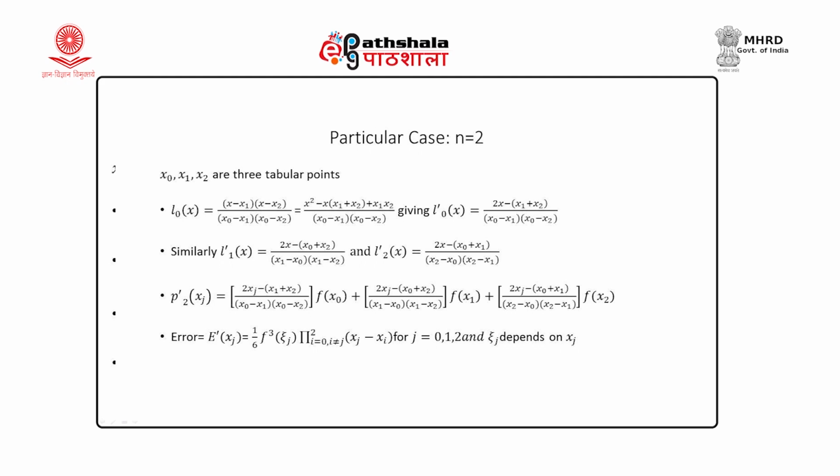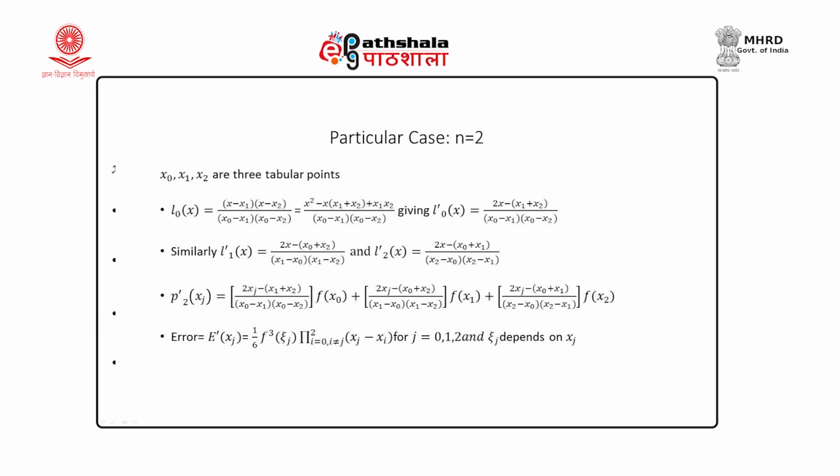So, 2 x j minus (x 0 plus x 2) upon (x 1 minus x 0)(x 1 minus x 2) into f x 1, plus the third term L 2 dash x j. So, 2 x j minus (x 0 plus x 1) upon (x 2 minus x 0)(x 2 minus x 1), f x 2.